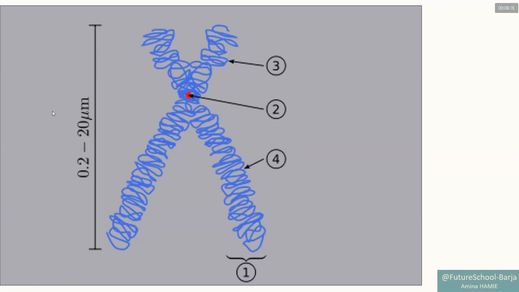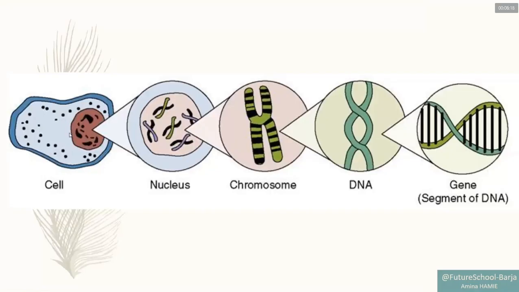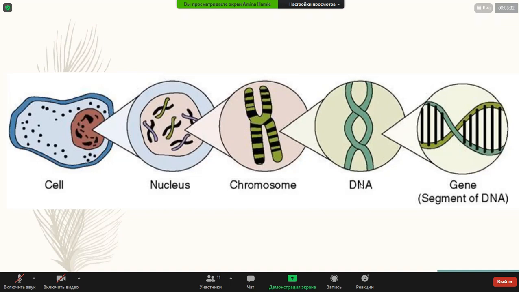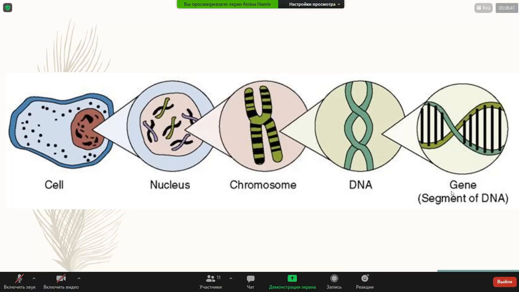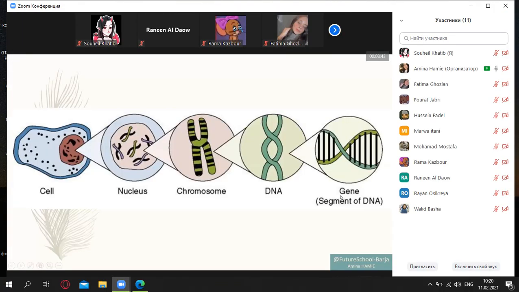This is another diagram. It shows a cell, and in the nucleus we have these chromosomes. If I go into details inside the chromosome, I will find it is made of DNA. Then the DNA contains, if I take a segment of DNA, I will see a gene. The gene is a segment of DNA, meaning a segment of chromosome.